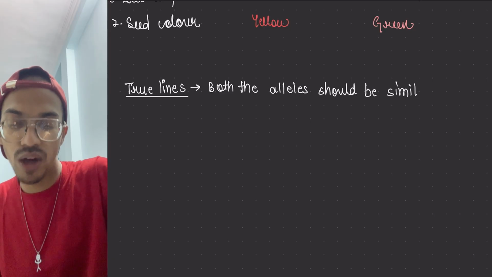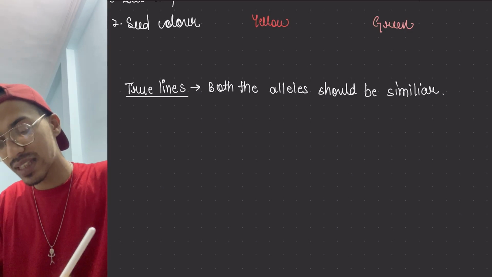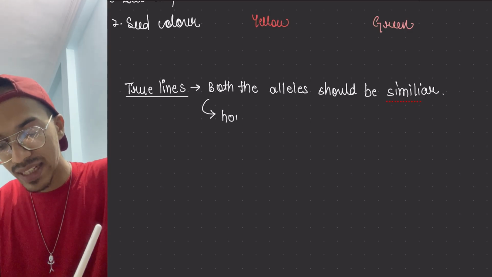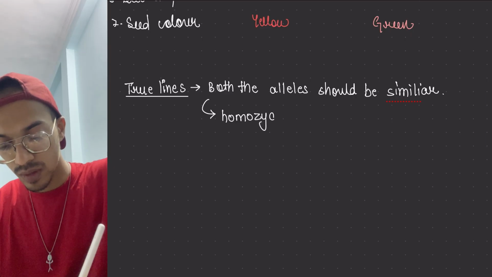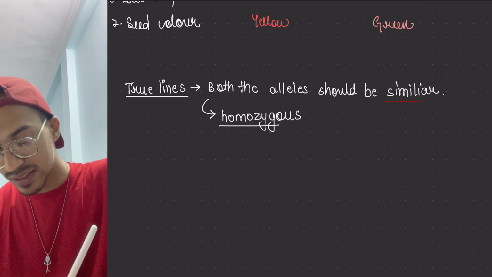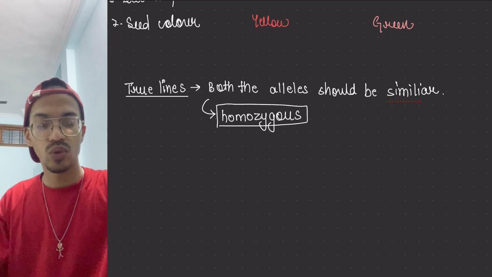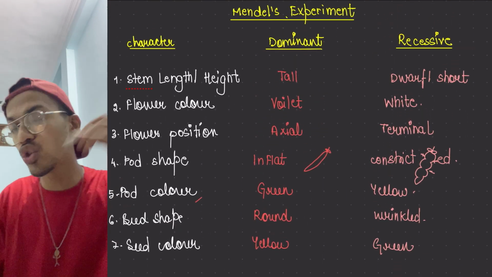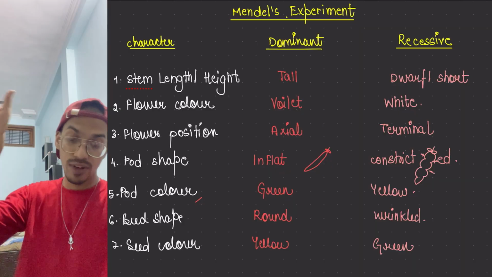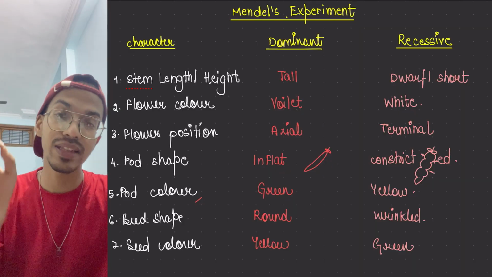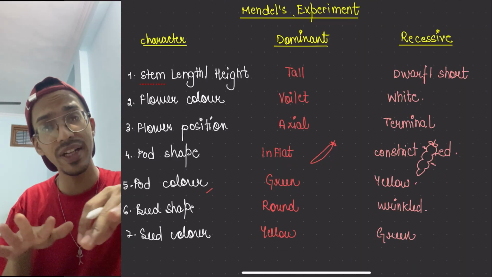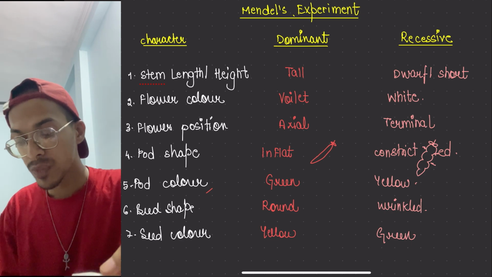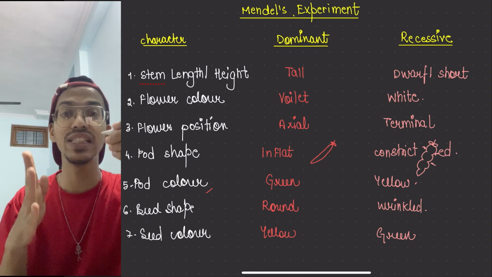And I told you that when both alleles are similar, it is also called homozygous. When Mendel was doing the experiment, we assume the dominant and the recessive ones were true lines. So true lines means both the alleles will be the same.